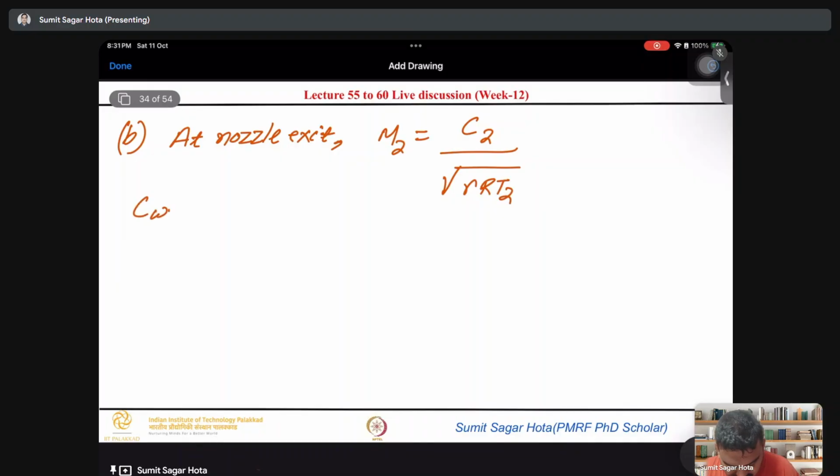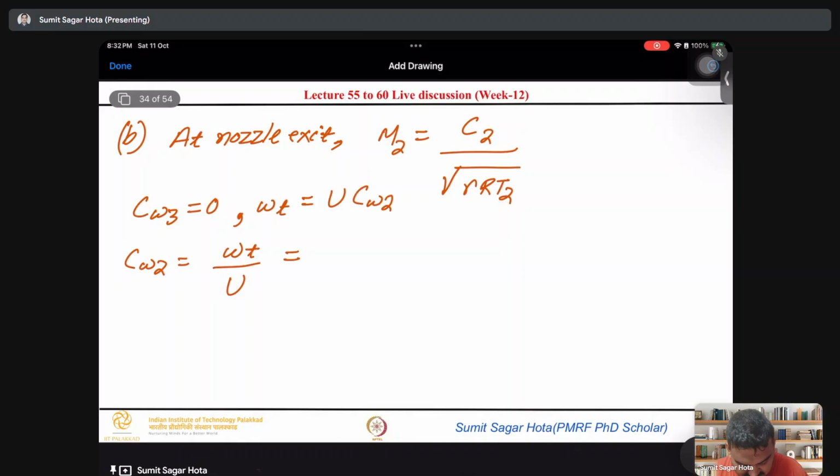Here for this configuration, the CW3 is equal to 0, Wt is equal to U into CW2, so CW2 is equal to Wt by U. Okay. Because Wt you already found from the A bit.